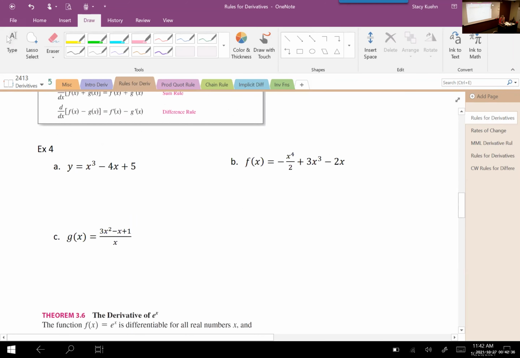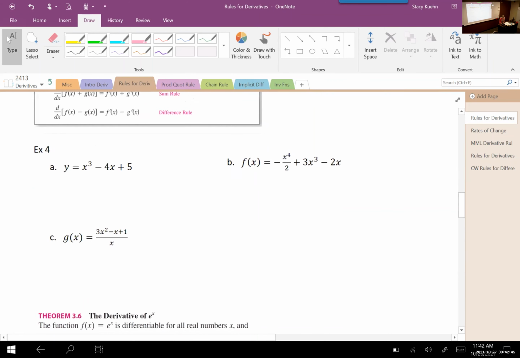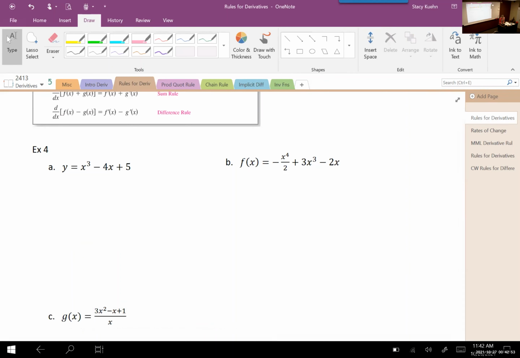Now, this is fairly handy. This approach of handling each of the terms individually is what we're asking here, because we'll see tomorrow when we use the product rule that sometimes it might just be easier to use this rule. So we have y is equal to x cubed minus 4x plus 5.